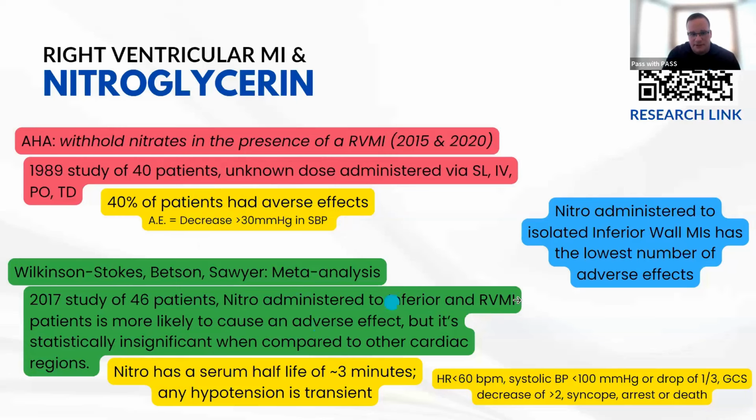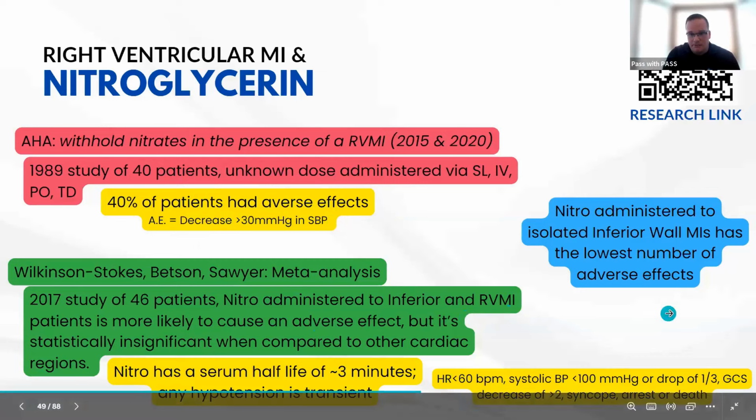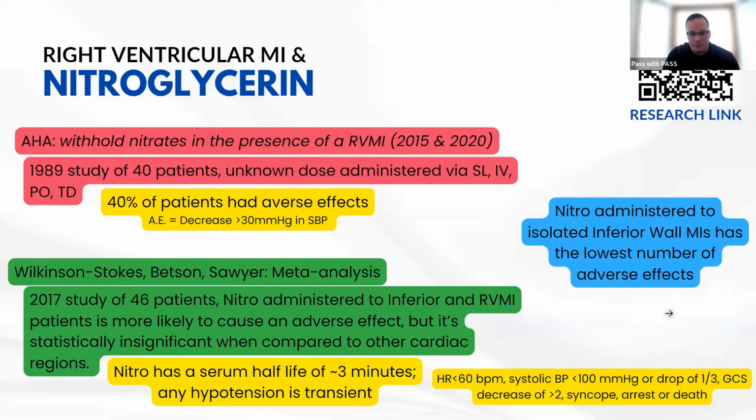This 2017 study actually looped in a lot more signs and symptoms to be an adverse effect, which is good because it further enhanced the point that nitro can cause adverse effects, but it doesn't really cause any more adverse effects in that inferior RV wall patient than it does in any other cardiac region.